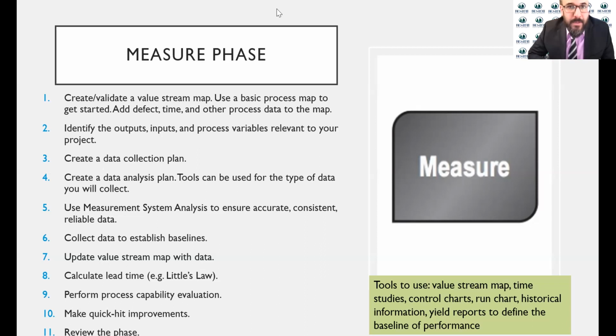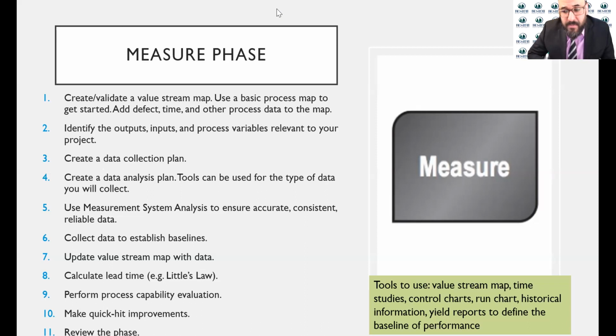This is what I do. I take 3 time studies for one process and take the average just to be more accurate. So you have to have a clear plan for collecting the data and what measurement system you're going to use. Make sure that it's accurate, consistent, and reliable.